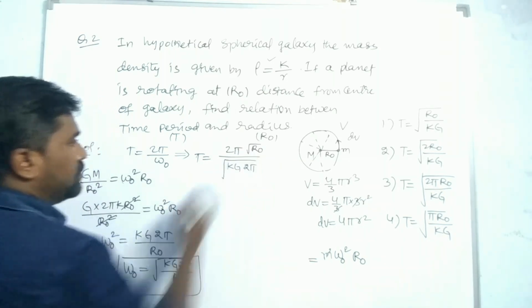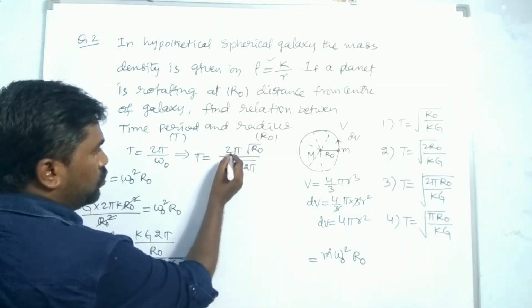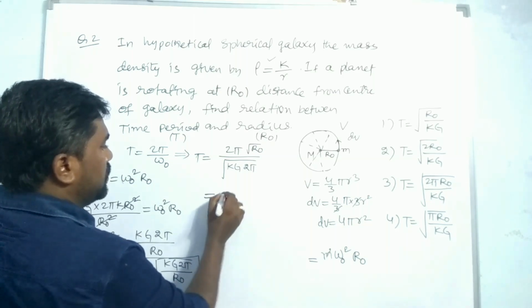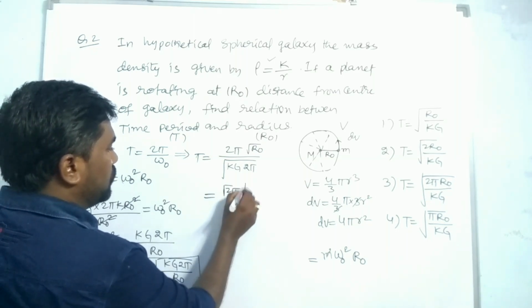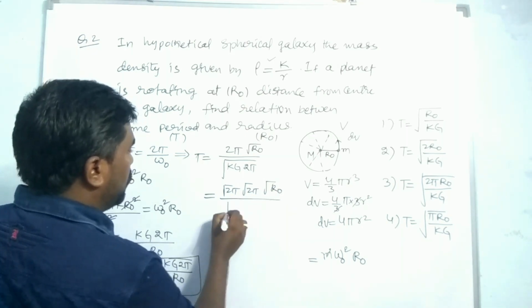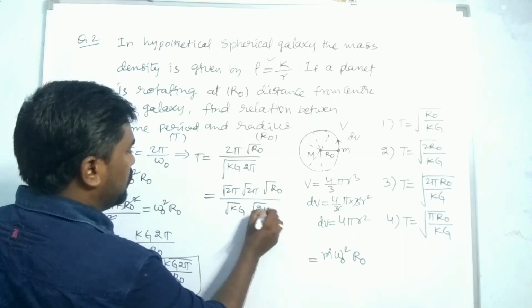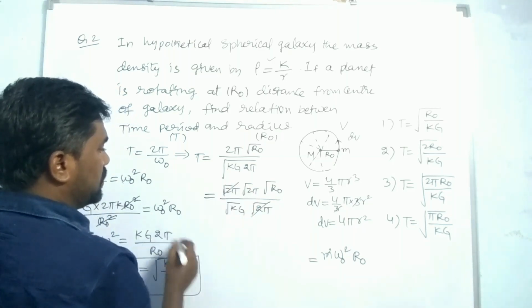Root 2 pi should be written as root 2 pi into root 2 pi. So it is root 2 pi into root 2 pi into root R naught by root of K G into root of 2 pi. So root 2 pi cancelled out.